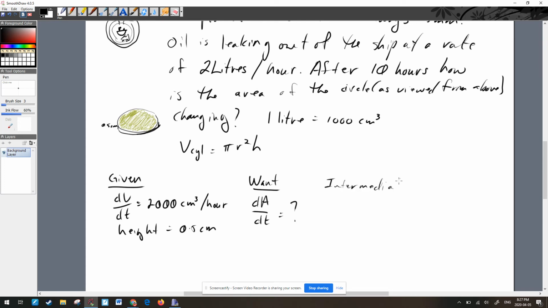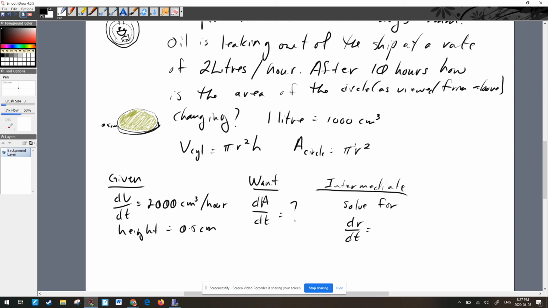We want to solve for dr/dt, because the area of a circle is pi r squared.